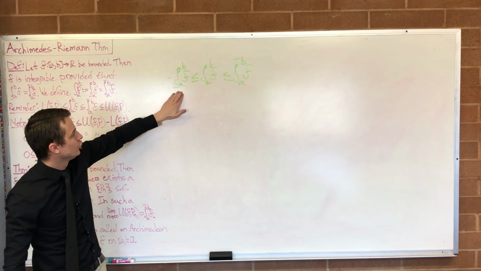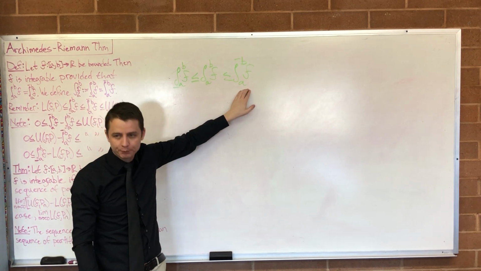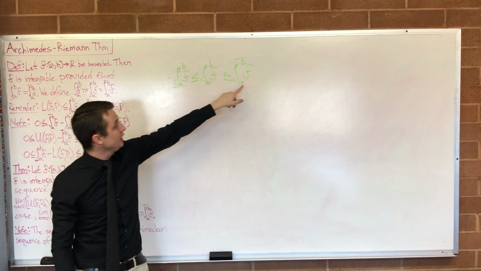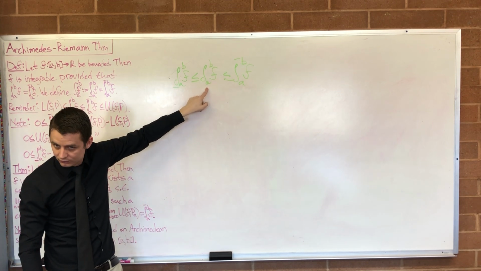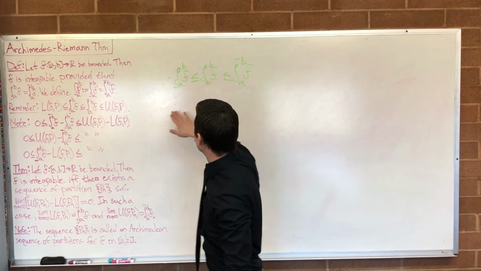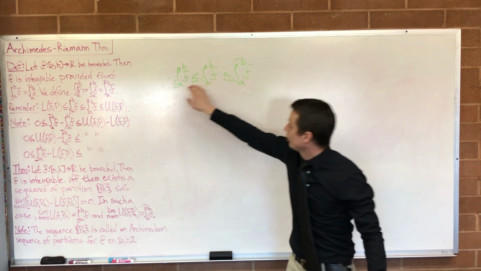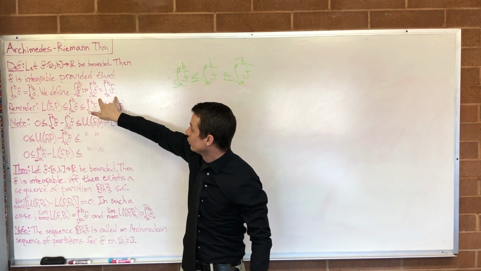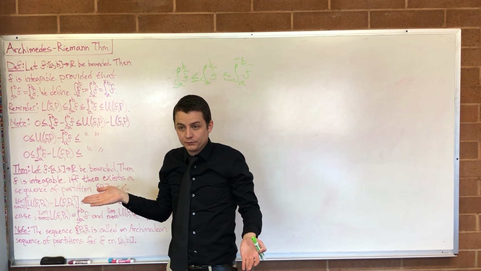Because this is as good an approximation as your lower Darboux sums get, this is as good an approximation as your upper Darboux sums get, and this is sandwiched between them. So if this is equal to this, then it's also going to be equal to this. That's the intuition there. So we're saying that a function has an integral if the lower Darboux sum and the upper Darboux sum are equal. If they're equal, then it's integrable, and we define its integral to be those values. Doesn't matter which one since they're equal. Make sense?